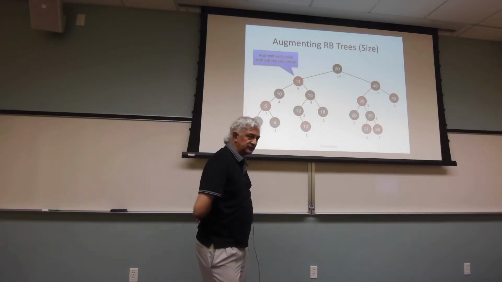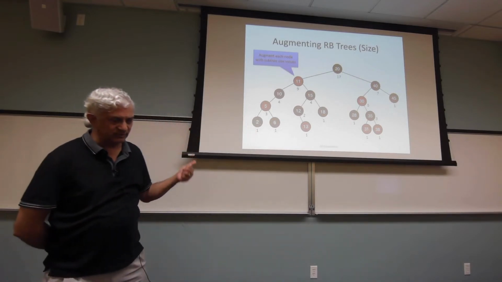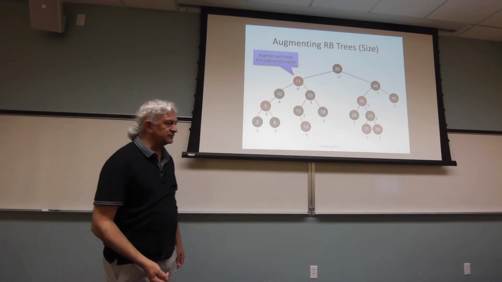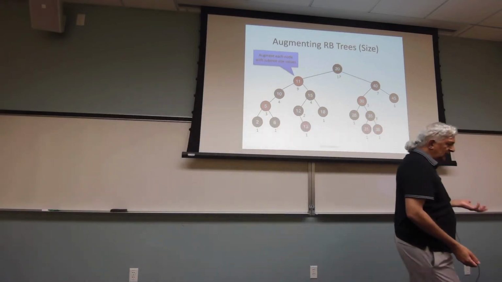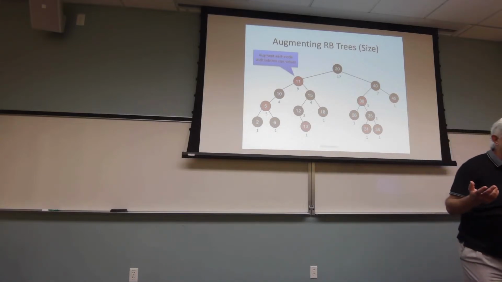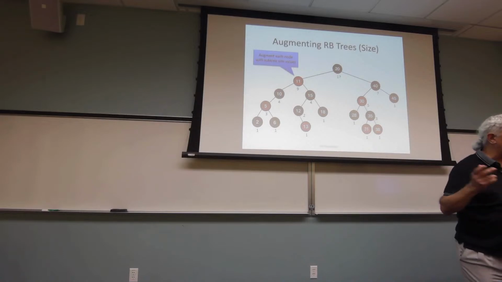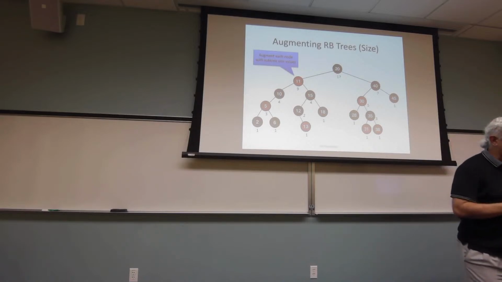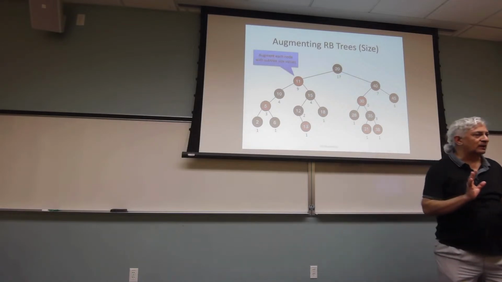The select operation is another operation that can be performed fairly efficiently using this one. The select operation is the exact opposite of the rank operation. In select operation, I will give you a rank. I'll say, give me the 12th smallest item in this list. Now, 12th smallest item doesn't mean it's number 12.